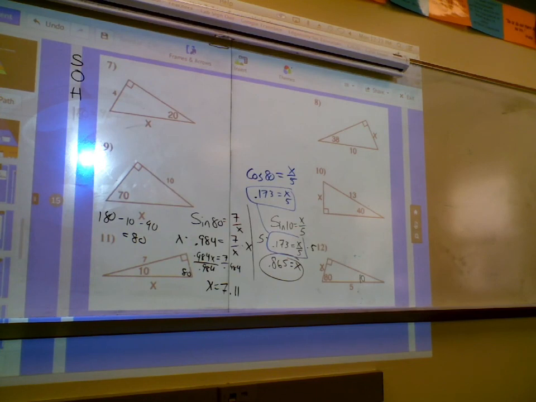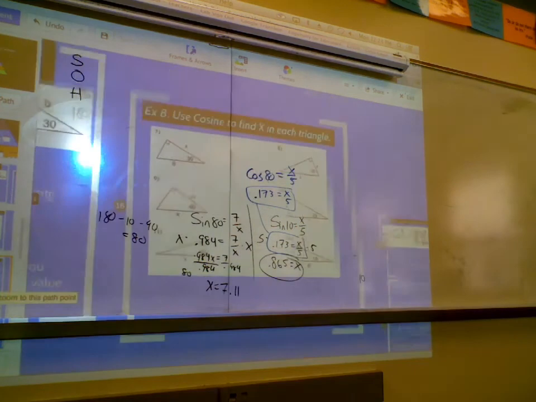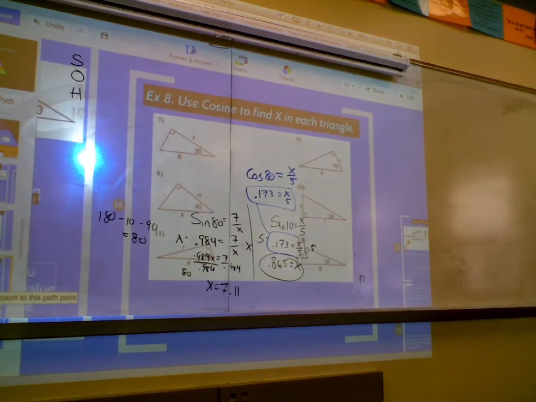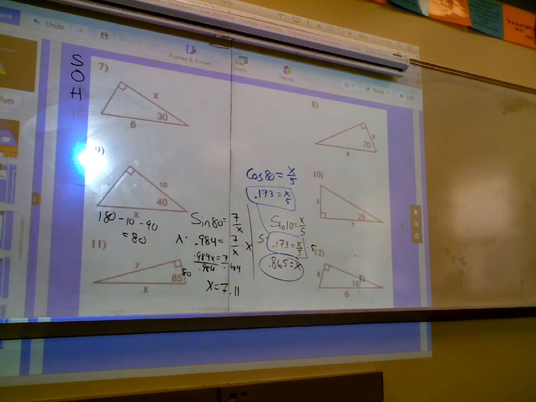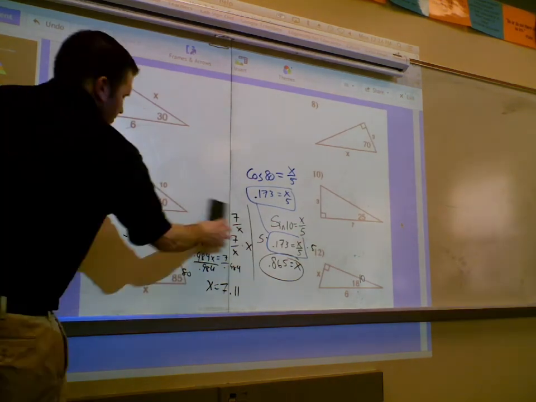Same answer. So you can use either way. Does that make sense, guys? Okay. Let's try another one. Flip your page over. You'll see something like this. Now, what's the big difference here?